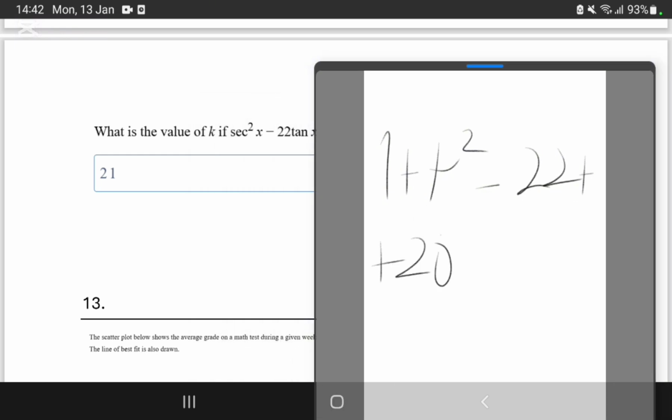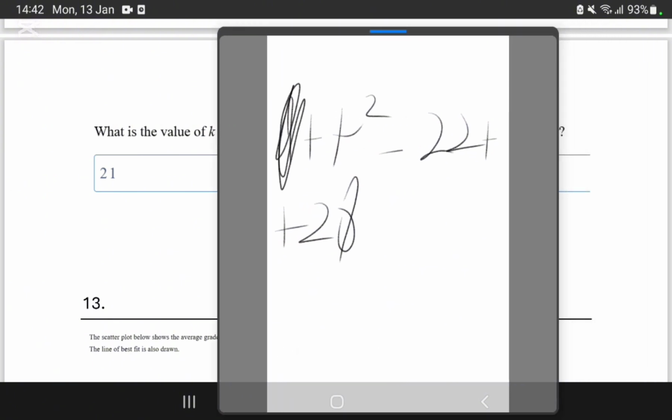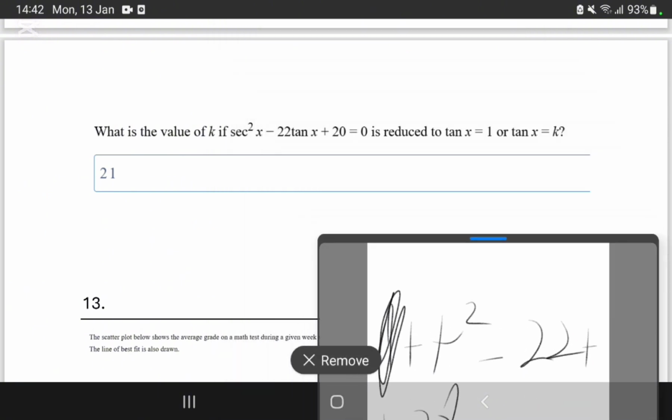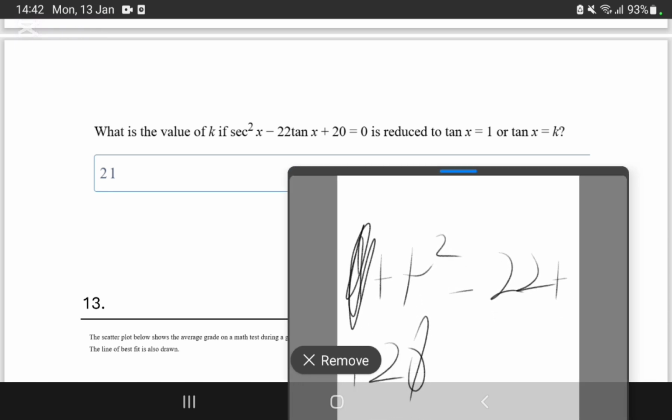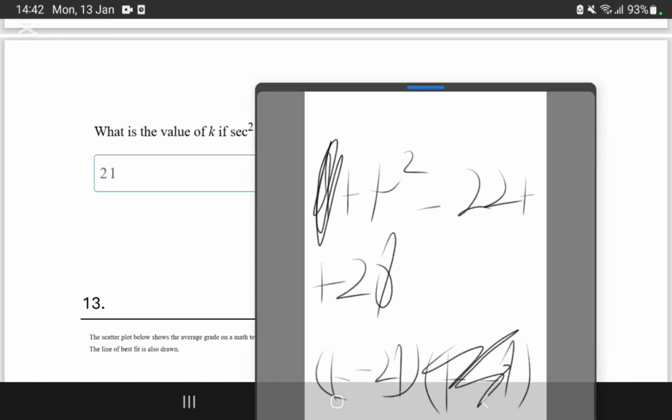Or you can say 21 here and then just remove it. From here we factor t minus 21 and t minus 1. Since they gave us that the root is tan, tan equals 1, we can remove this, and then we will just have this left.